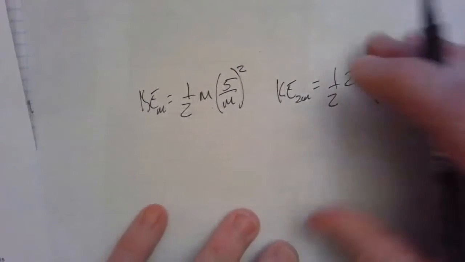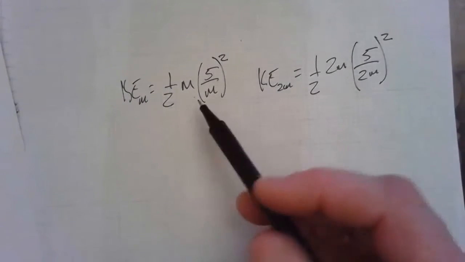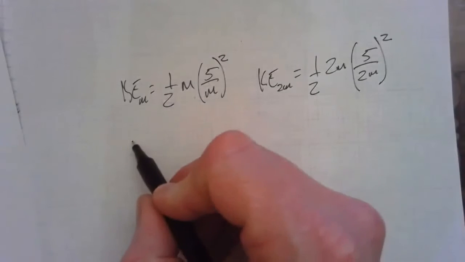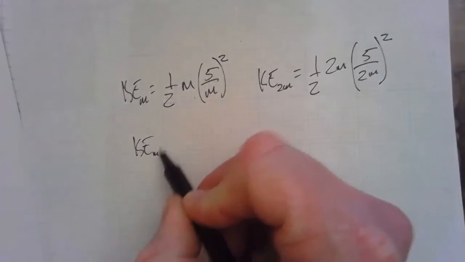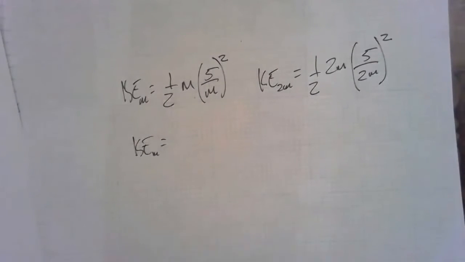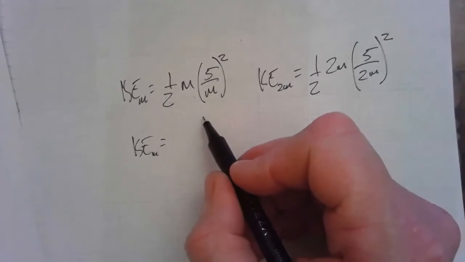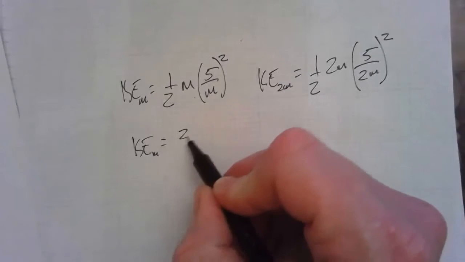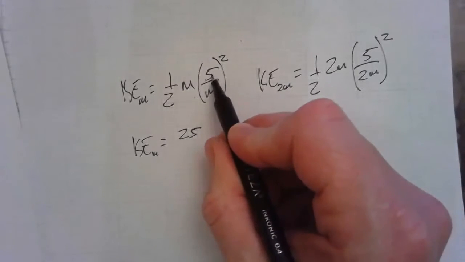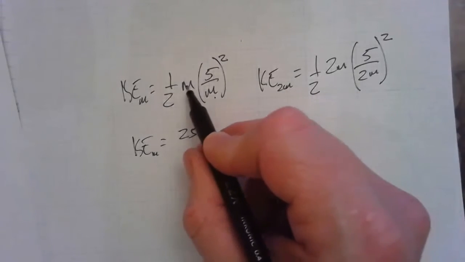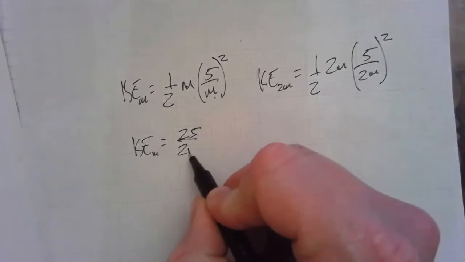Once again, the squared is going to make all the difference. So for the little guy, the final kinetic energy, and therefore the change in energy, because it started at rest, is 25, that's going to be that squared. It's going to square the m, so one of them is going to cancel, so over 2m.